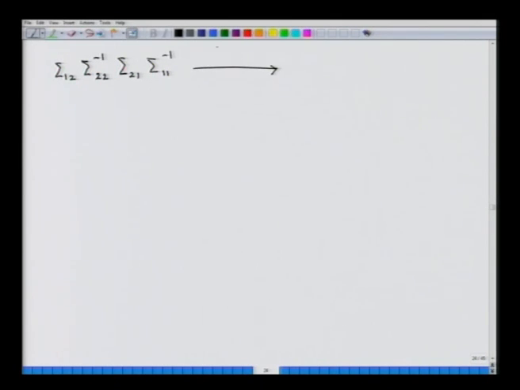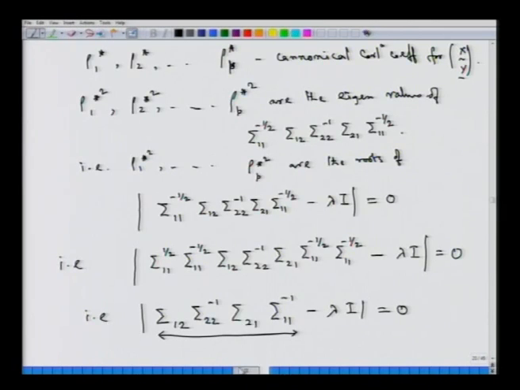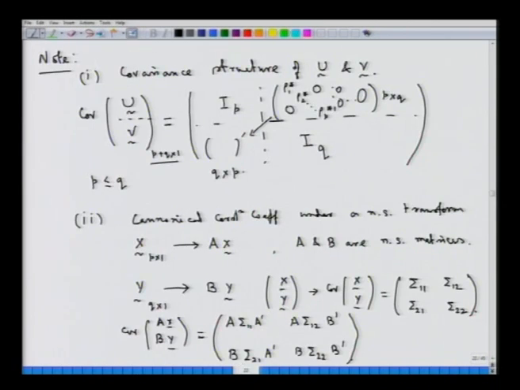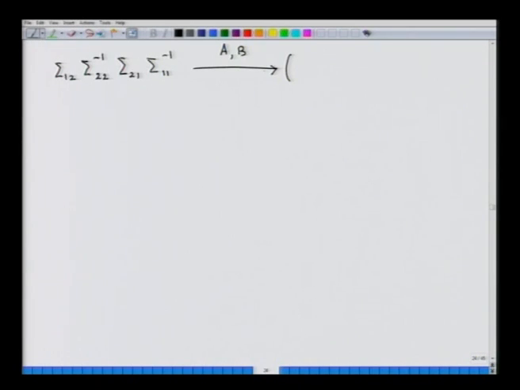Now, this under the non-singular transformation set A and B, where is this getting transformed to? Now, if we look at this variance covariance matrix structure, what we can say is that sigma 1 1 is transformed to A sigma 1 1 A prime, and so on. So, what we can write in place of sigma 1 2 is that under A B transformation, this is going to A sigma 1 2 B transpose.